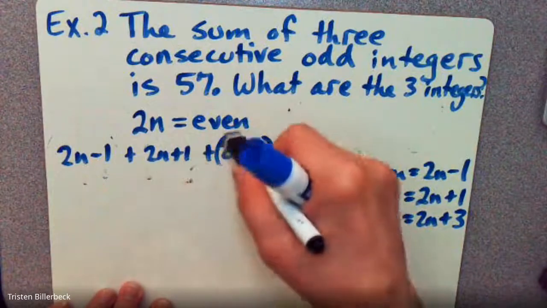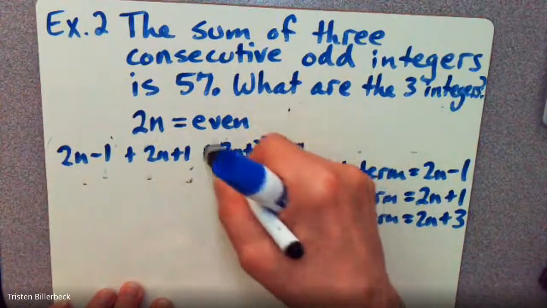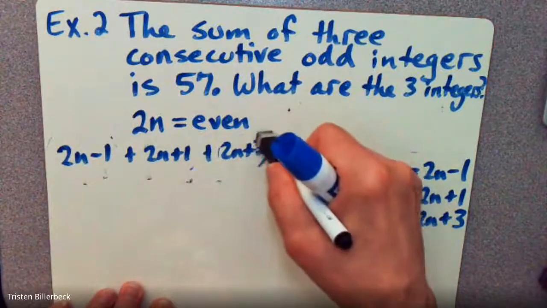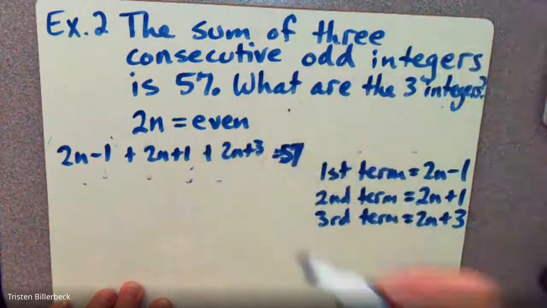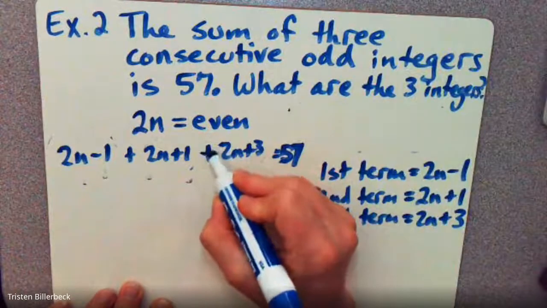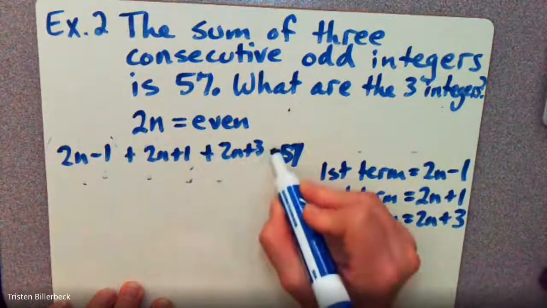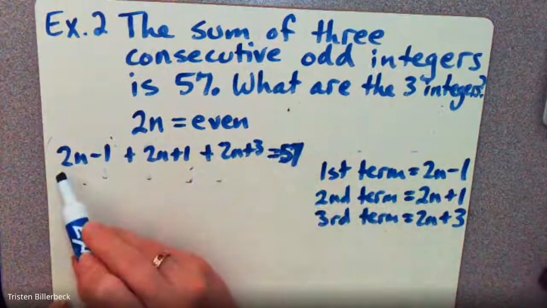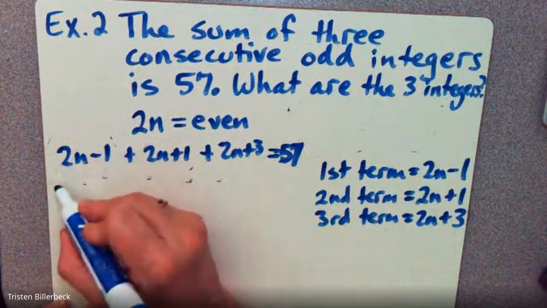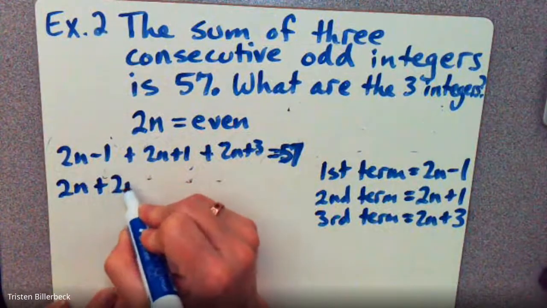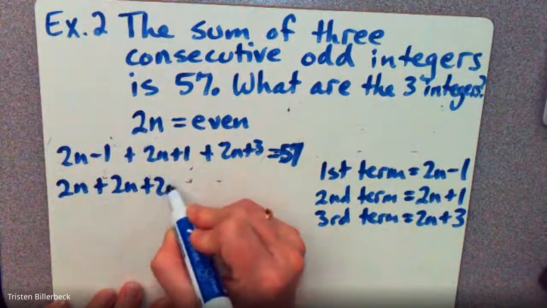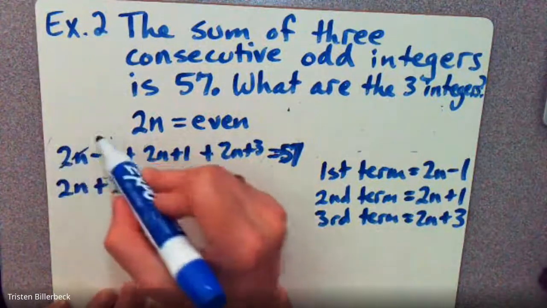I was just doing that for emphasis that these are our 3 terms. Okay, and with addition, it doesn't matter so much to have the parentheses or not. All right, so I have 2n. If I organize my like terms, 2n plus 2n plus 2n. So I've got that one.